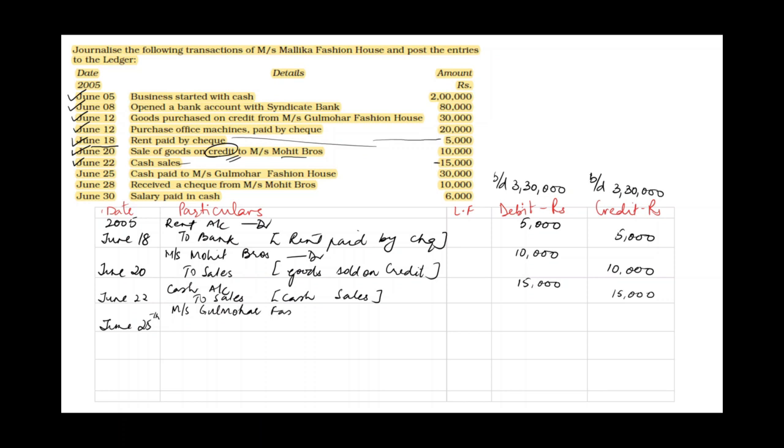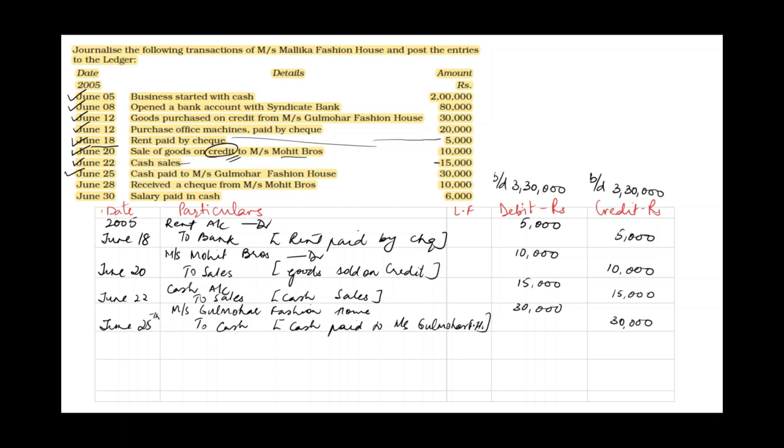Gulmohar Fashion House and to cash because I'm paying cash 30,000. Okay, so you will say cash paid to Messrs. Gulmohar Fashion House. Okay, now this also is over.